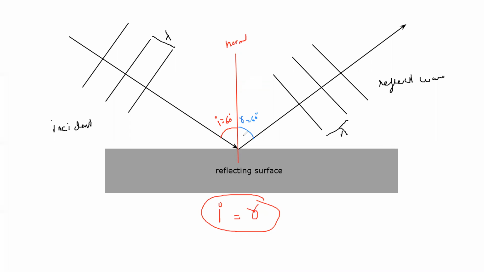And what is a normal? The normal line is always 90 degrees, or perpendicular, to the surface. So another example: if this is a reflecting surface and these are the wavefronts, the normal line you have to draw, it will not be drawn with the figure.